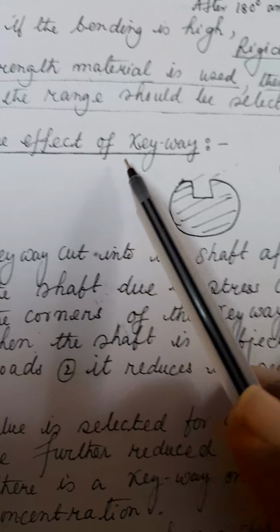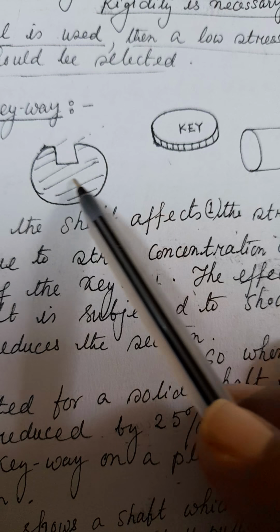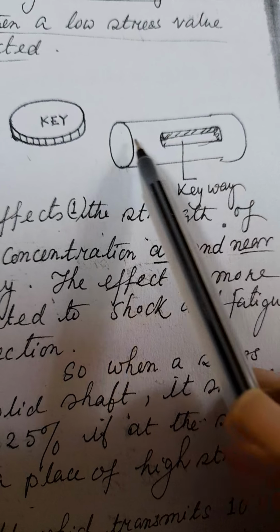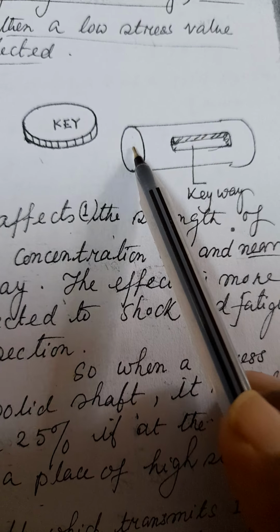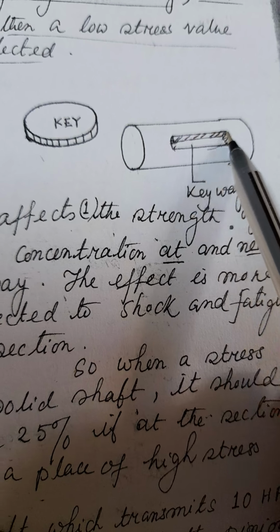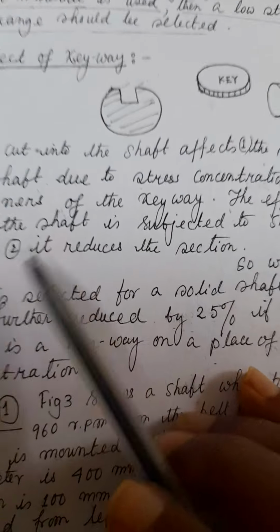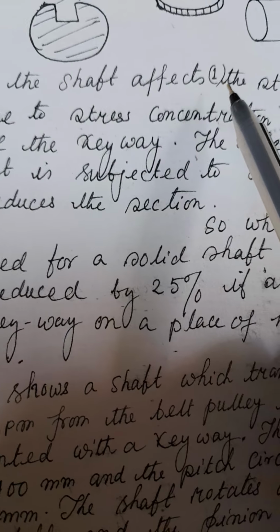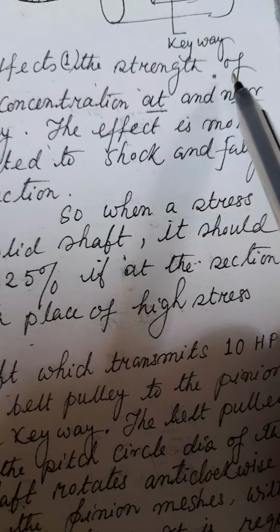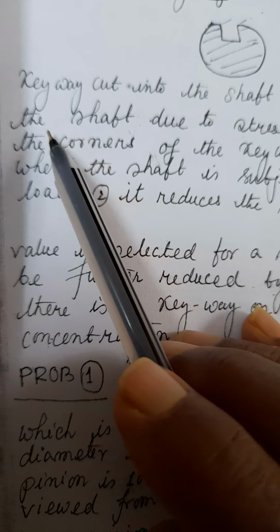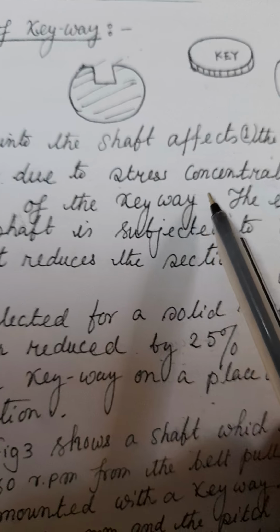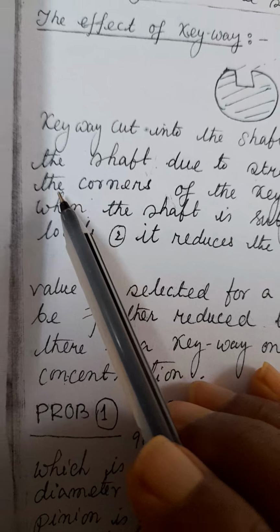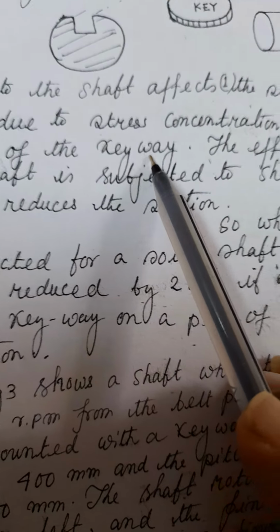Now effect of keyway. This is the keyway of this shaft, where a keyway is cut. This is the key, this is the keyway. This is the shaft, for example a solid shaft, and this is the keyway. Now a keyway cut into the shaft affects, number one, the strength of the shaft due to stress concentration at and near the corners of the keyway.